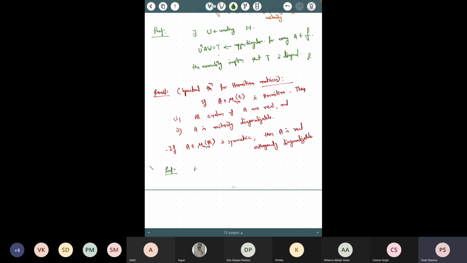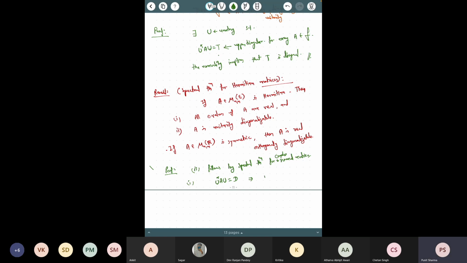Part 2 follows by the spectral theorem for complex normal matrices, and part 1 follows because of the second part. So A is unitarily diagonalizable. That means U star AU is equal to D.